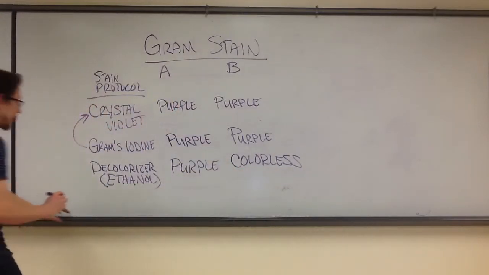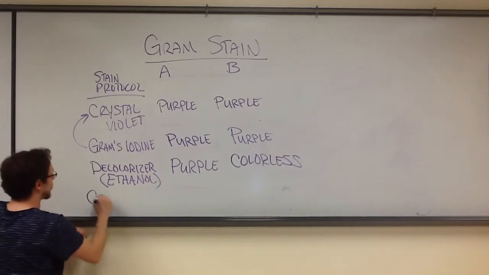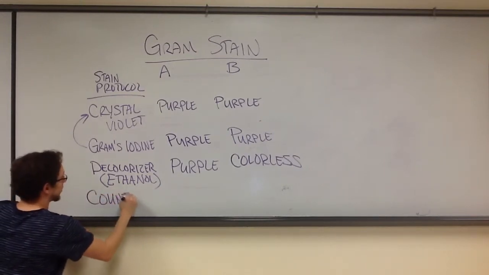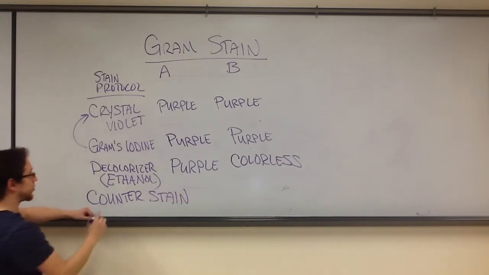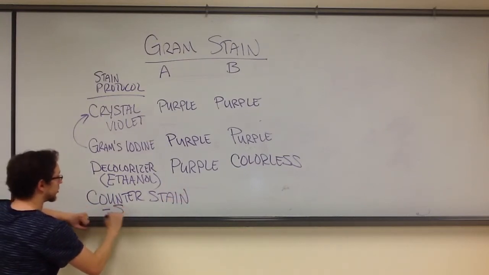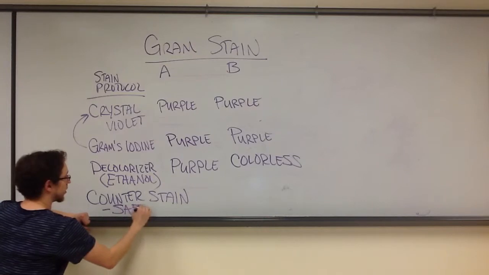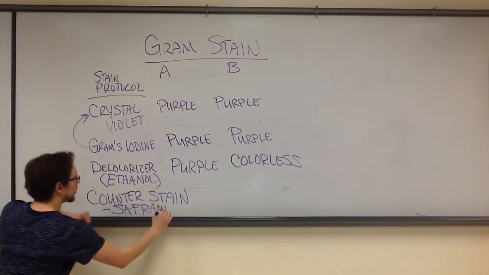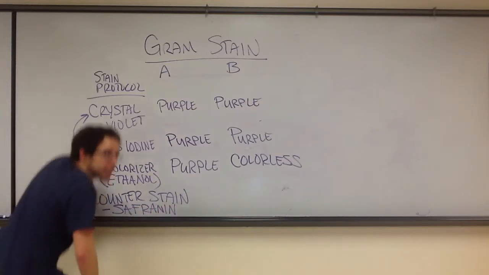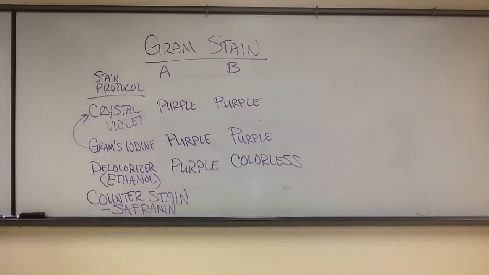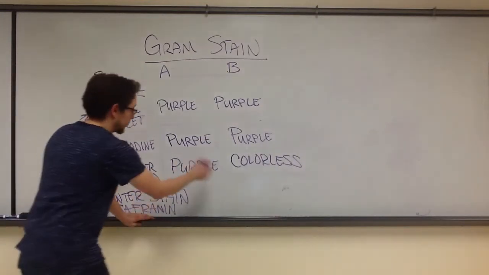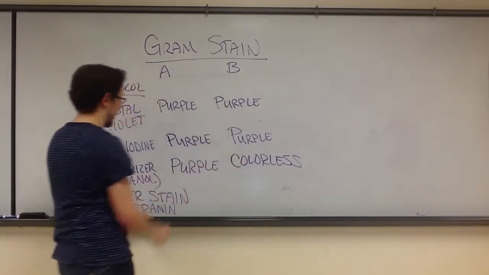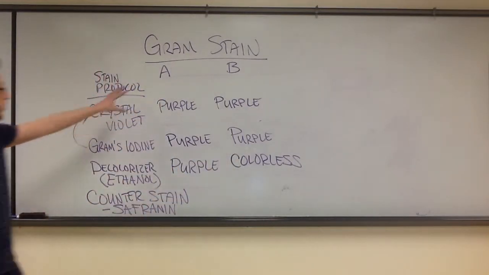So the final thing we add is a counter stain. And that counter stain is called safranin. The counter stain is called safranin. And safranin, well, it doesn't have any effect actually on this first cell type.